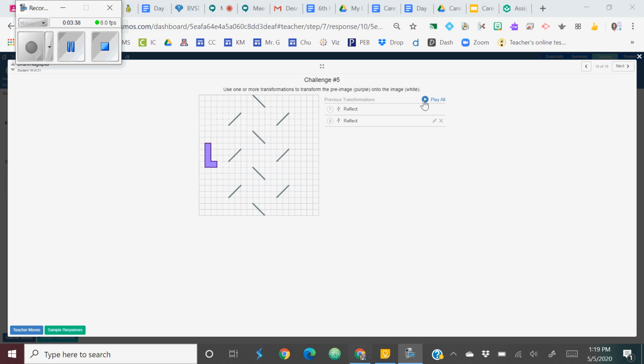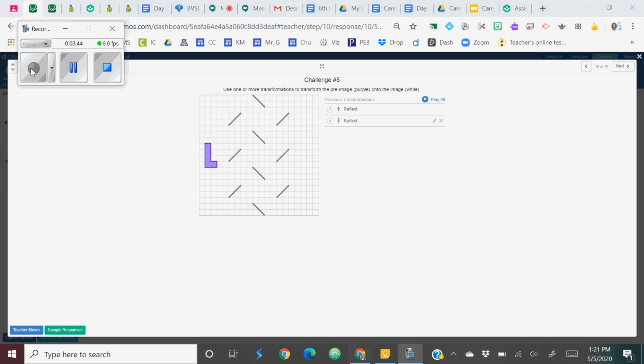So challenge 5 gets a little bit harder, but reflect was common. Although there were other solutions, really the reflect was the most common, and the other ones were a little clumsier. So we'll go to the next challenge.